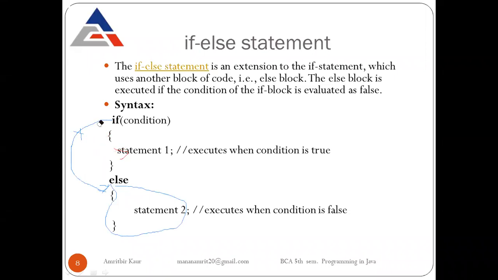So now we will discuss if else statement with the help of an example. In simple, if our condition is true, then if block will be executed. If our condition is false, then else block will be executed.